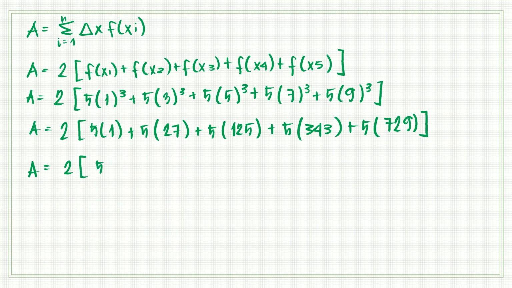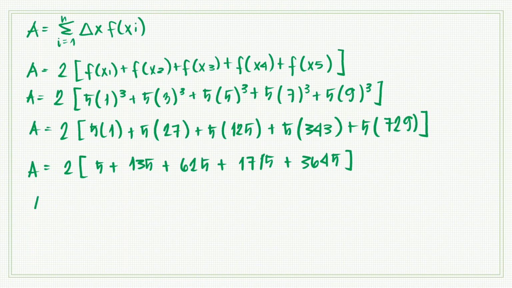3 raised to 3 is 27 times 5 is 135. 5 raised to 3 is 125 times 5 is 625. And 7 raised to 3 is 343 times 5 is 1,715. And 9 raised to 3 is 729 times 5 is 3,645.